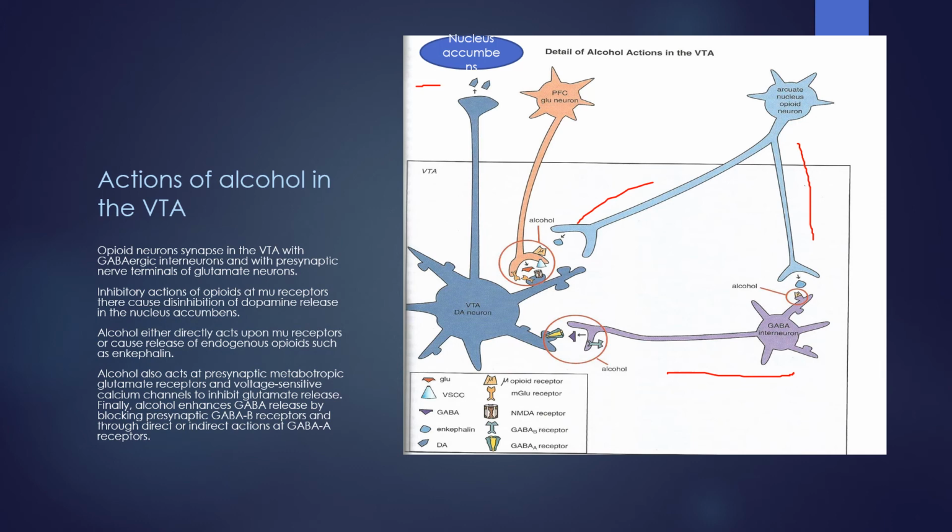Alcohol enhances GABA release. So what we are saying is alcohol is increasing GABA release through direct or indirect actions at GABA-A receptors. So ultimately what alcohol is doing here is affecting the production of dopamine at the nucleus accumbens.